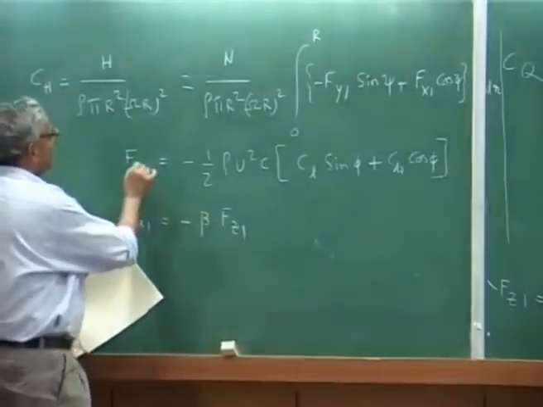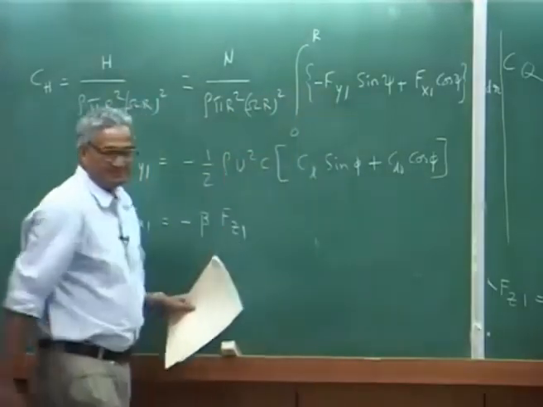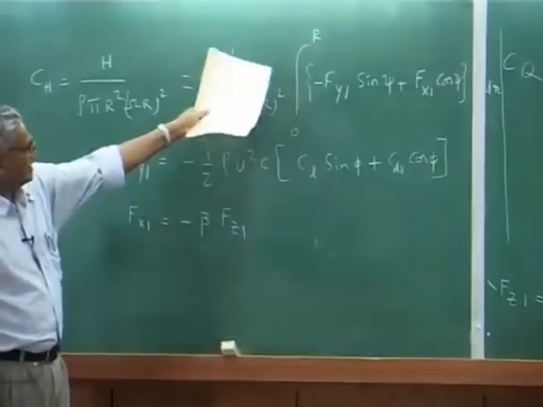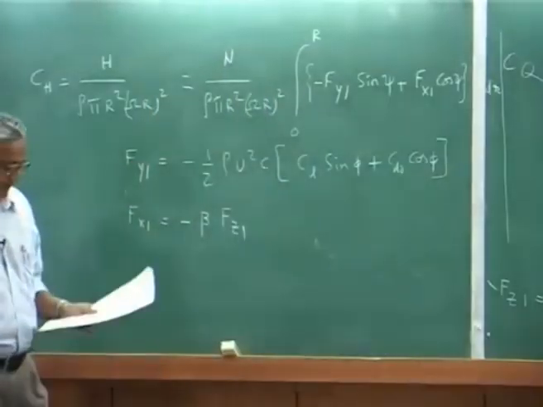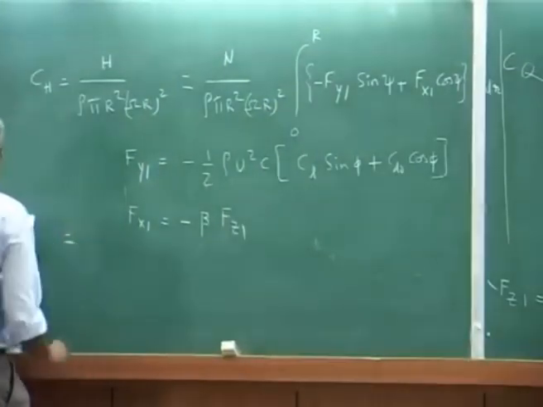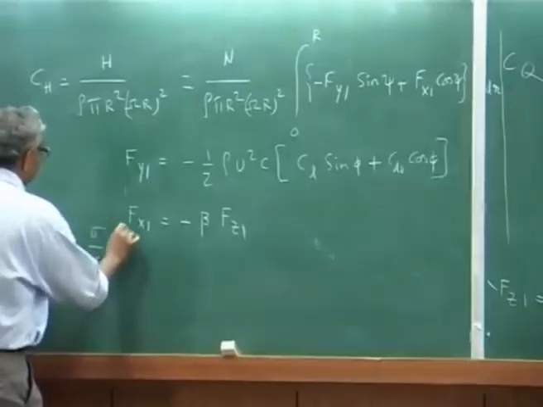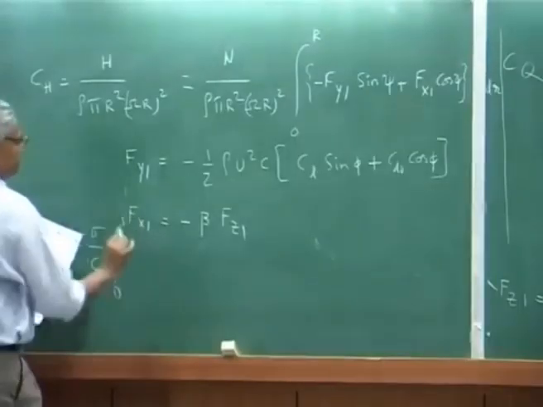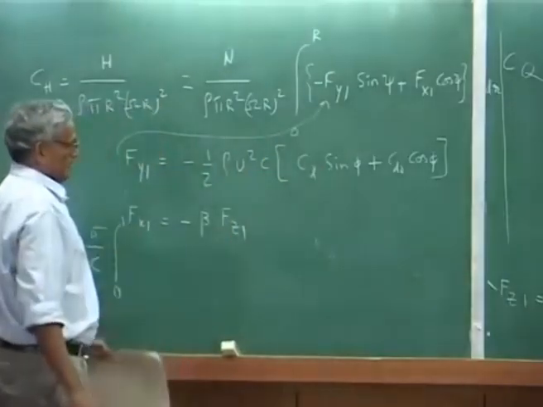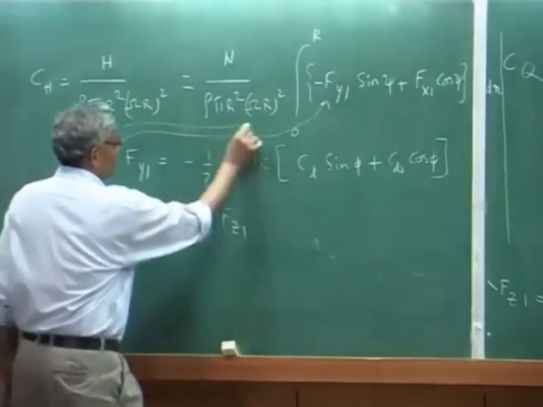What you do is you take these two expressions and put them here. Again you do the non-dimensionalization, where r bar dr bar will come. Now you will get the C H expression: sigma over C, 0 to 1, because I am just saying you put this here, and this also there.